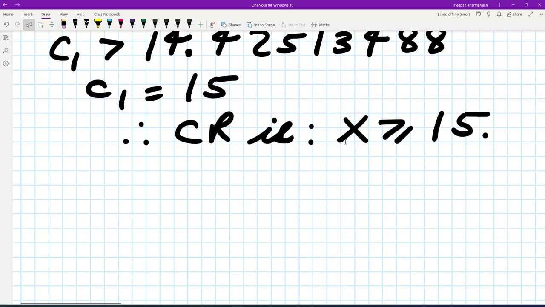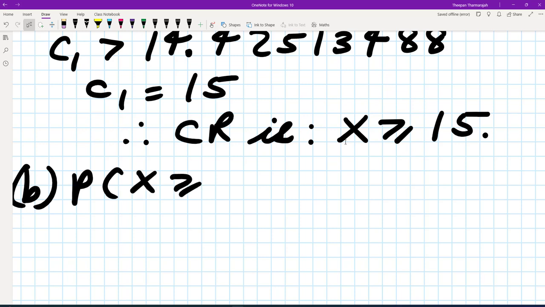Now part B says in the question to calculate the actual level of significance. So that's the probability of X being greater than or equal to 15. In chapter 8 of this course, known as quality of tests, you will learn to calculate something called the probability of a type 1 error, and that's the probability of rejecting the null hypothesis when it's actually true.